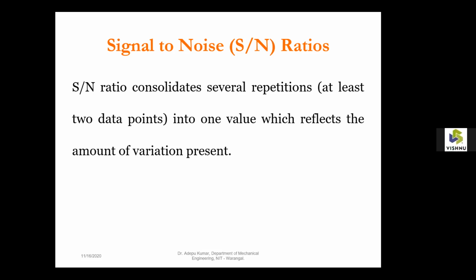If you conduct it again, it may be close to 20, 21 or 22. Once you take three data points, it is very useful for the analysis. Suppose you take two data points, let us say 20 and 30, which one is correct? I don't know. Maybe 20 is correct, maybe 30 is also correct.